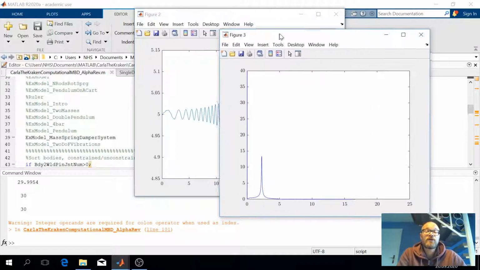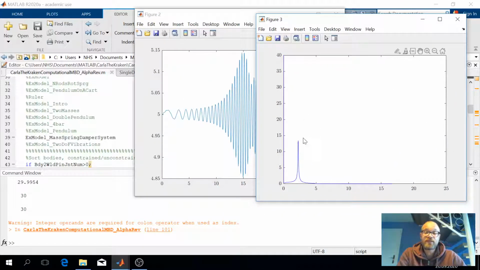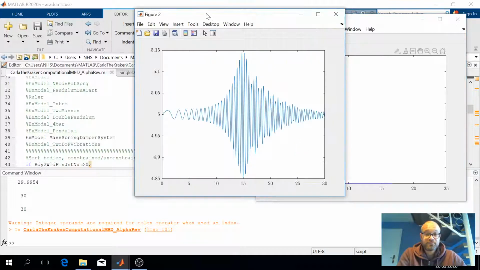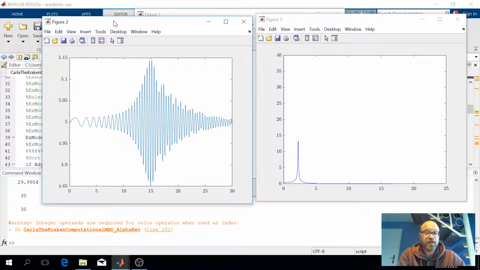If I look at the frequency content of my vibration response here to the right, and my displacement of the mass, I get these two curves here. This is the natural frequency of the system. Over here I can tell basically what happened. I added a forced excitation. This leads to this displacement.